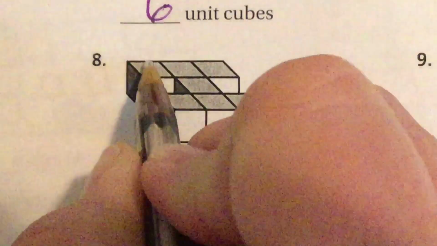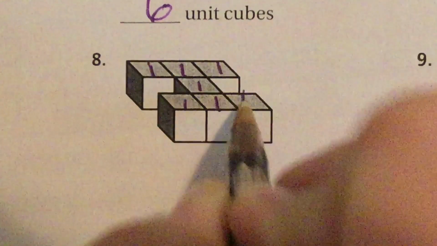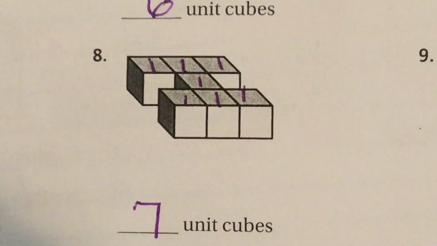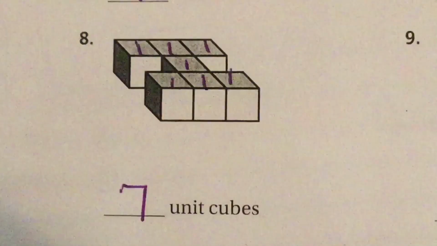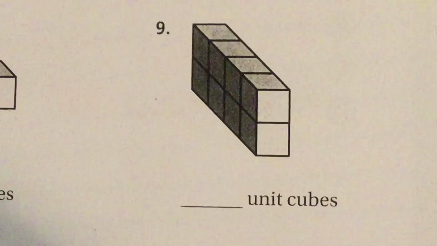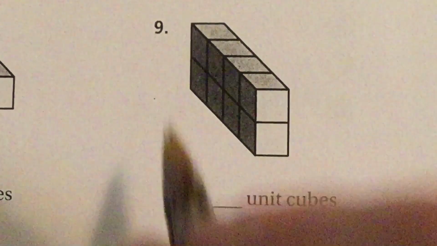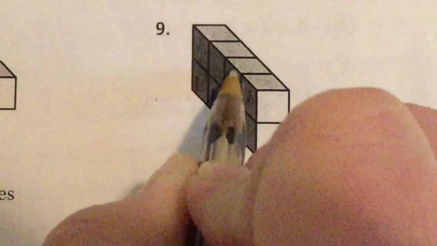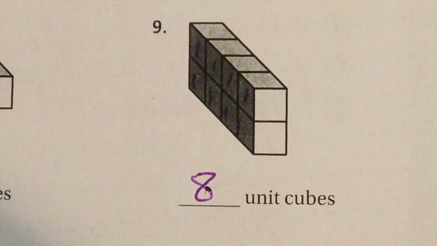All right, so we're going to go by the tops. 1, 2, 3, 4, 5, 6, 7. 7 unit cubes. And then number 9. How many unit cubes? All right. 1, 2, 3, 4, 5, 6, 7, 8. 8 unit cubes.